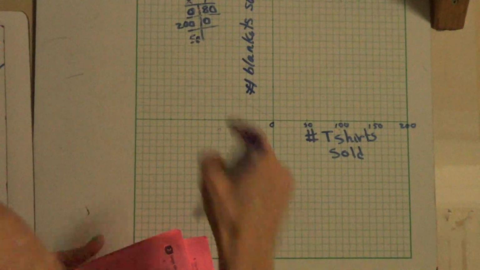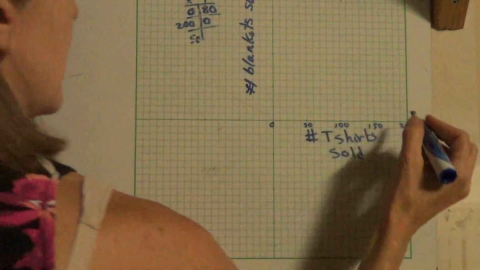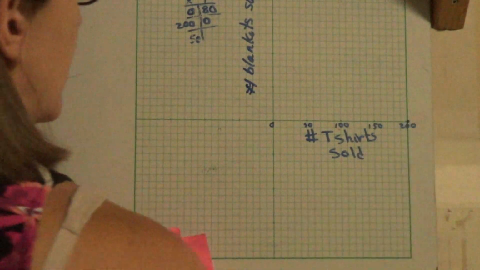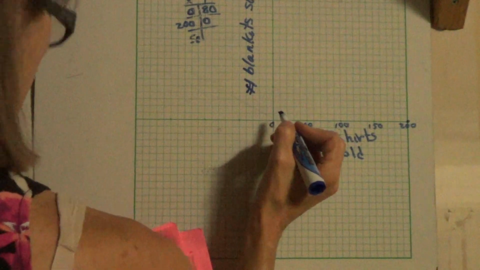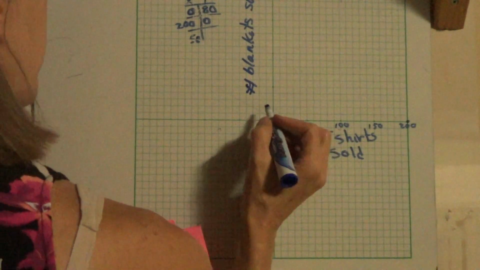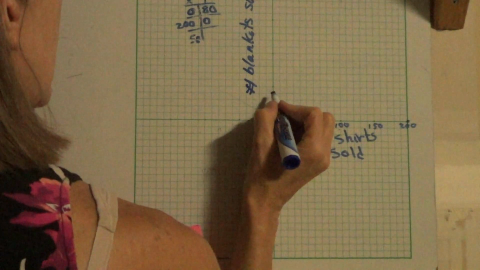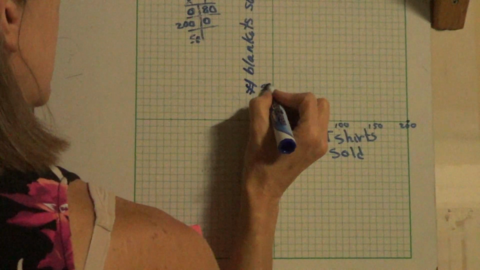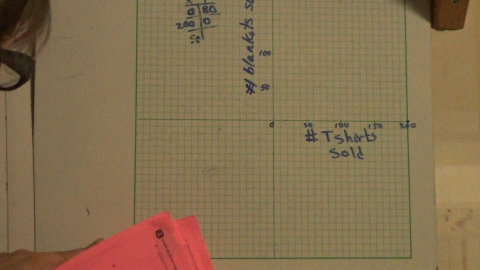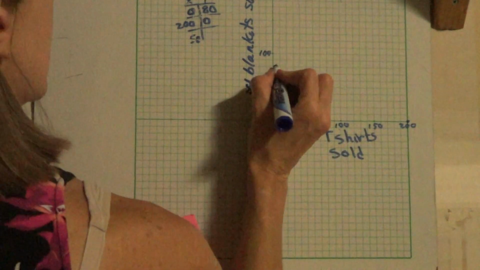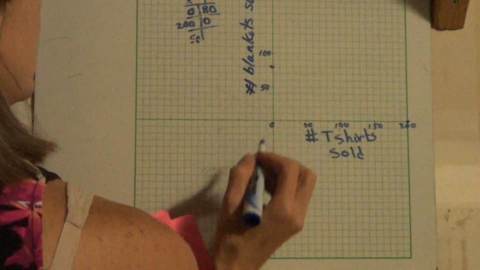Okay, so if we sell 200 t-shirts at $10 each, we make our goal. Now if we go up here on the blanket side, we go by tens again. 10, 20, 30, 40, 50, 60, and we know that we need to sell 80 of those.